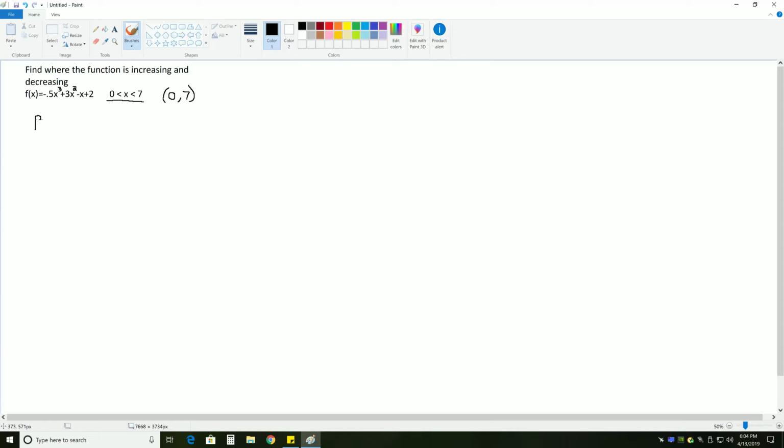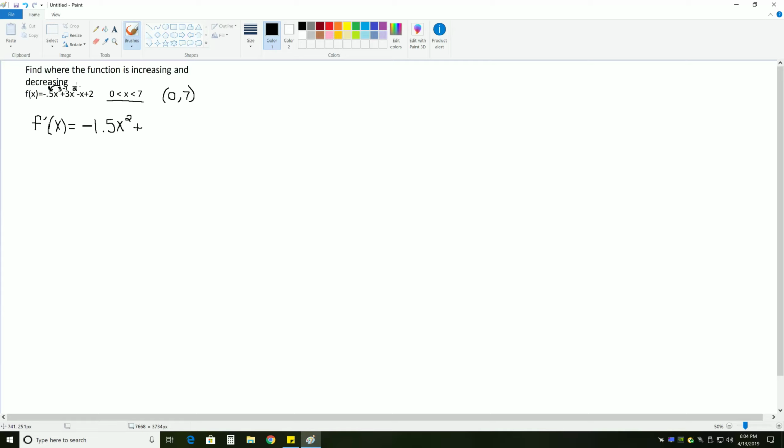So we're going to take our first derivative of this function, which, remember, when you take your derivative you will multiply the exponent out front and then subtract 1 from it, which gives us 3 times negative 0.5 is negative 1.5 times x to the 3 minus 1 is 2.